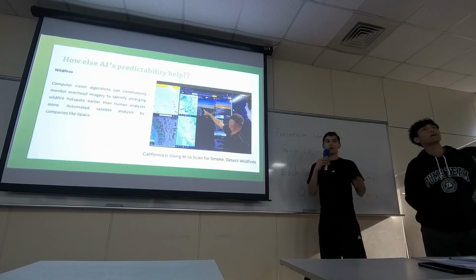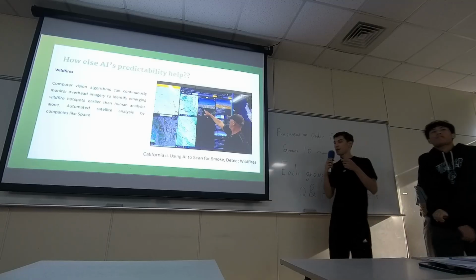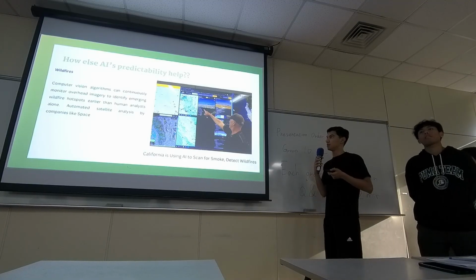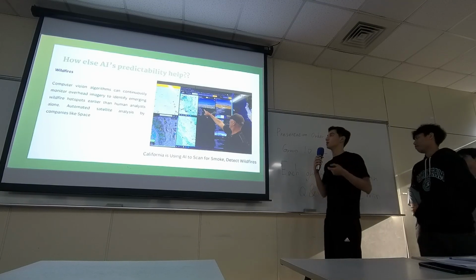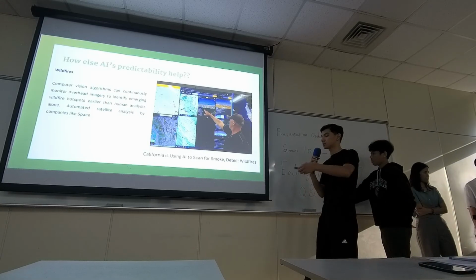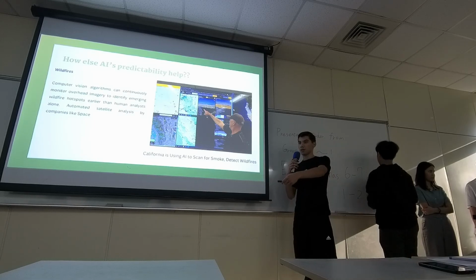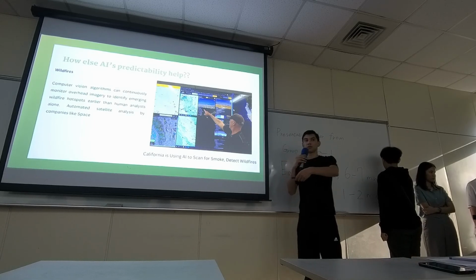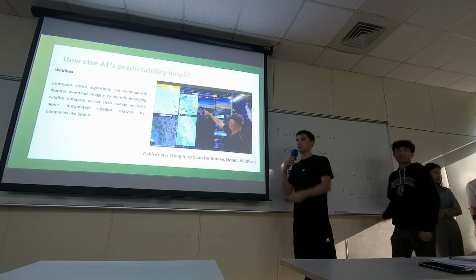Also wildfires. Some natural disasters are not very accurate to predict as they happen very quickly. But what we try to investigate is how AI can help the environment and protect what is in danger, such as from global warming.